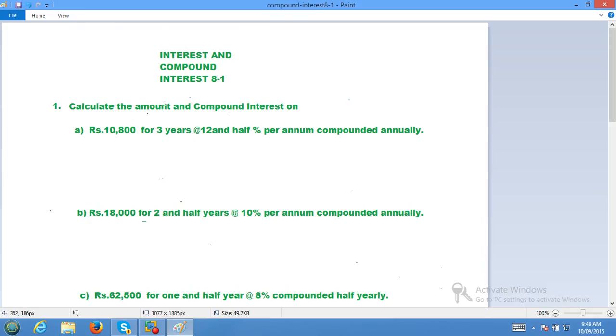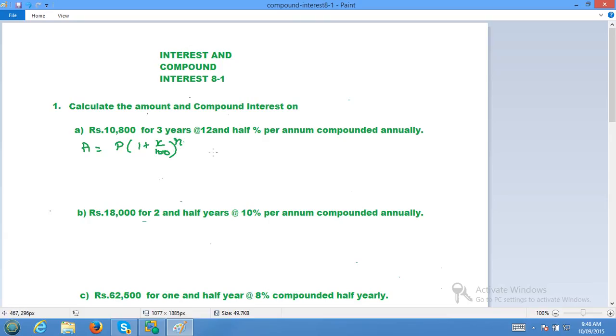So we can do it in two methods. Now, total amount is equal to P into 1 plus rate divided by 100 to the power n. This is the formula for compound interest, where A is the total amount.